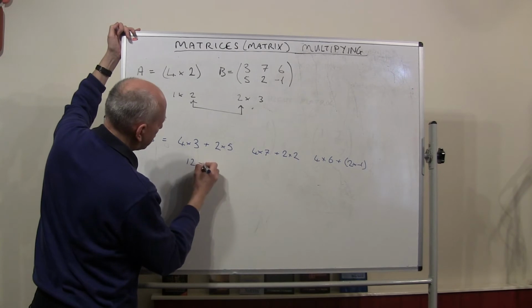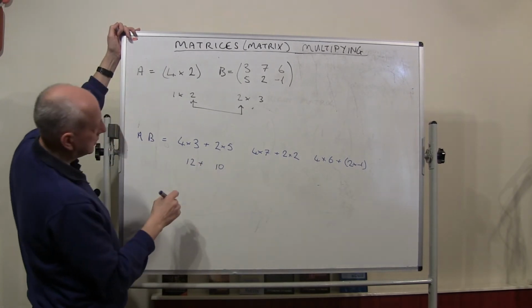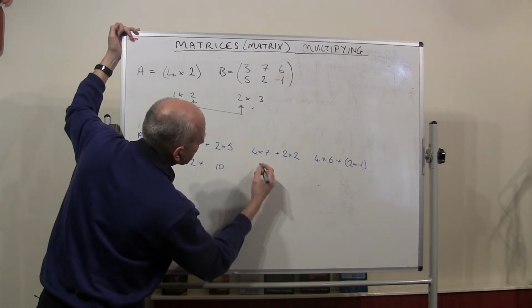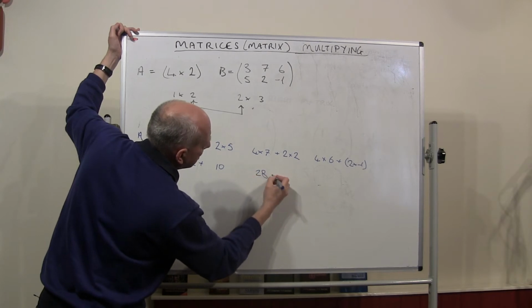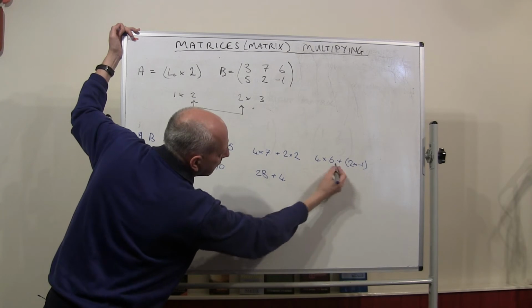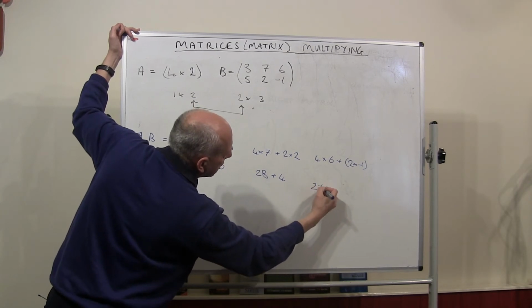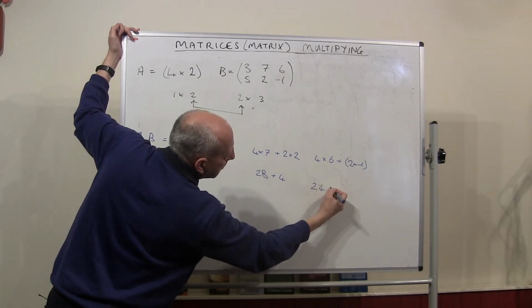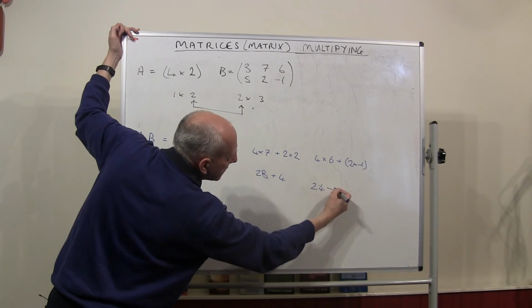So I've got 12 plus 10. I've got 4 sevens, 28, plus 4. And I've got 4 sixes, 24. And this is a negative, so negative 2.